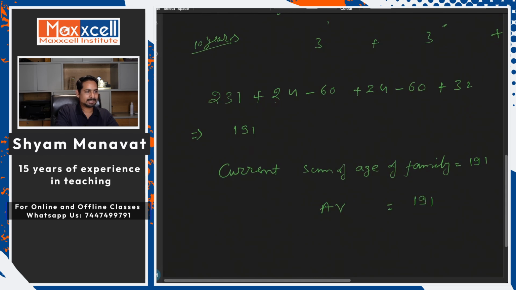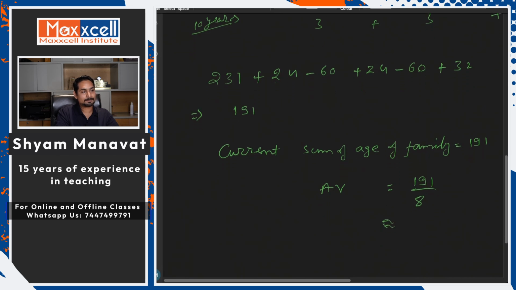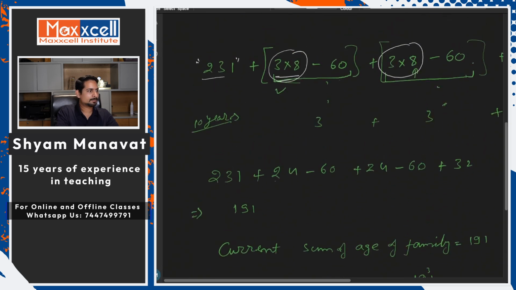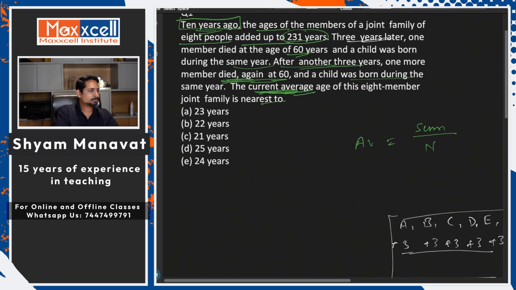Average is 191 by 8. If you simplify, approximately how much you get? 8 2s are 16. You got 3 here, and yeah, 23 point something, right? So near to, you got two options here, 23 and 24.